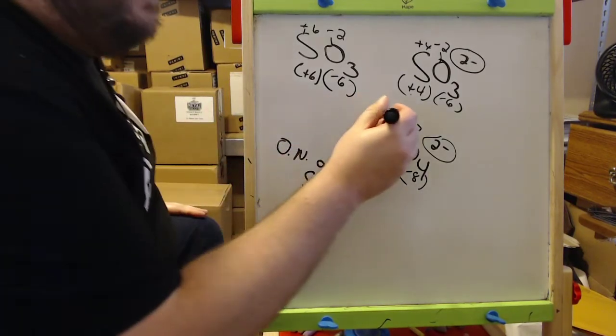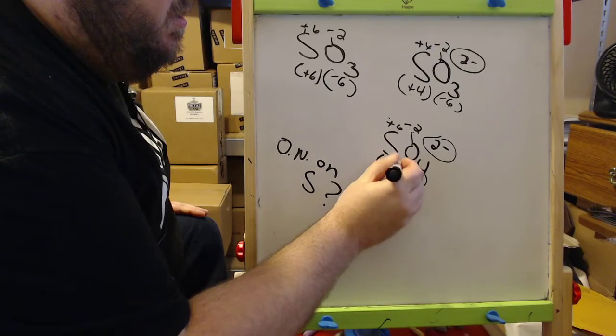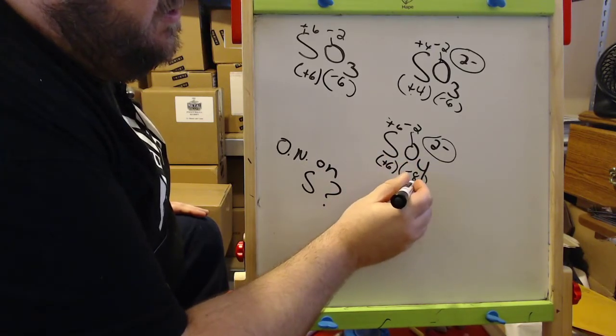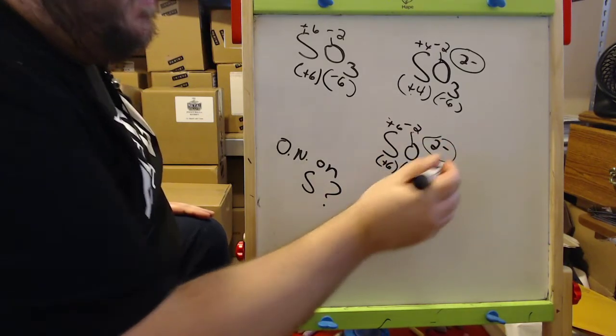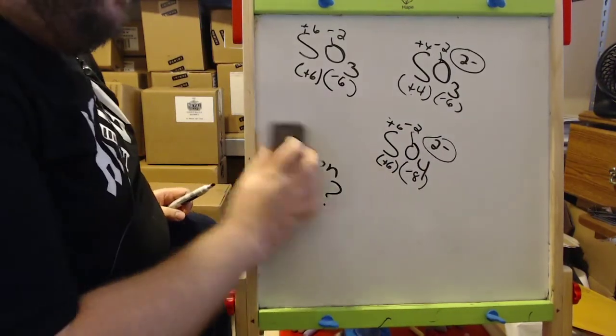Yep, now plus 6 is the right one. Because plus 6 and a minus 8 gives me a minus 2. Let's try a couple more.